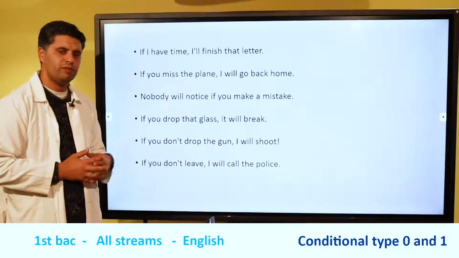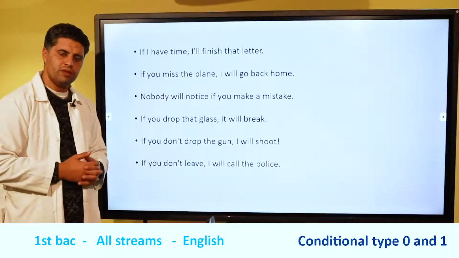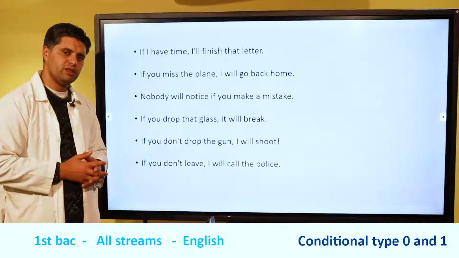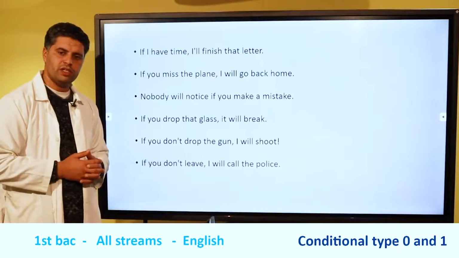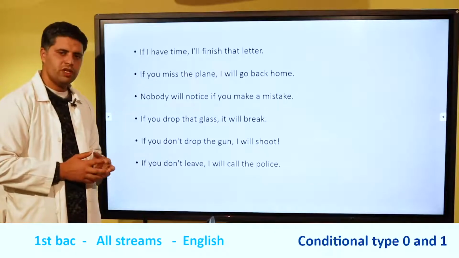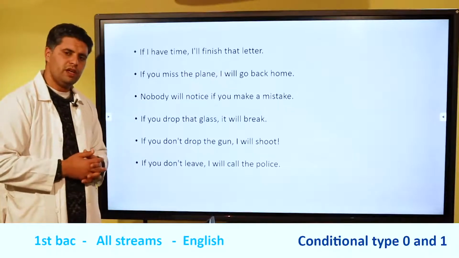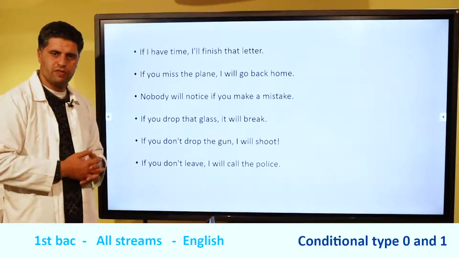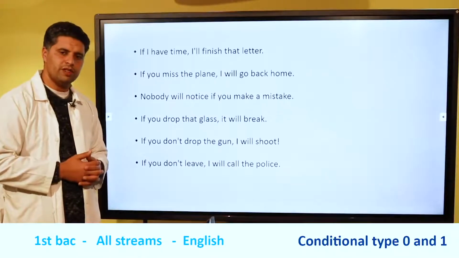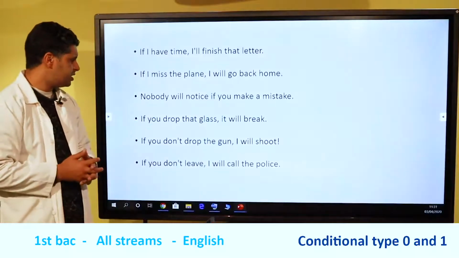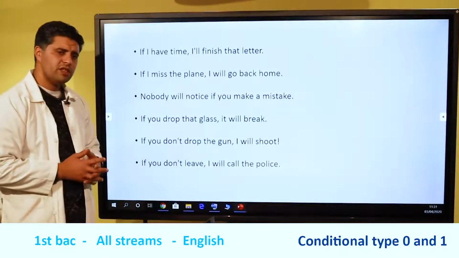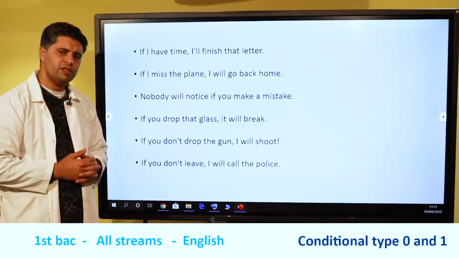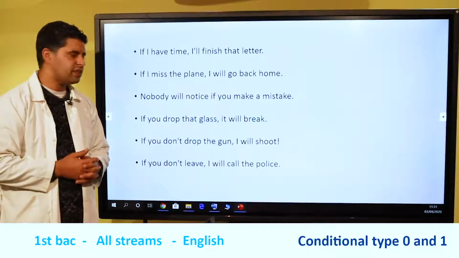We don't have the present simple, but we have the future simple. Why? Because we need to construct the conditional type 1. Here we are expressing something that we are not sure will happen or not. And as you can see, here we have the second statement in which we have also used the conditional type 1.